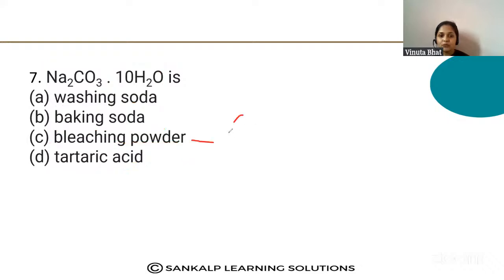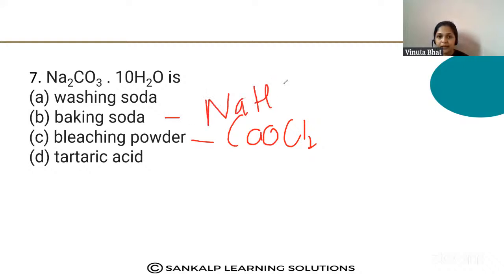The formula of bleaching powder is calcium oxychloride, CaOCl2. Baking soda is sodium hydrogen carbonate, NaHCO3. So the correct answer is washing soda, that is Na2CO3·10H2O.